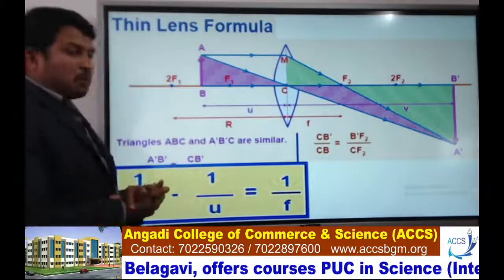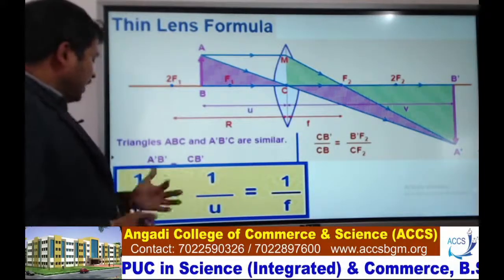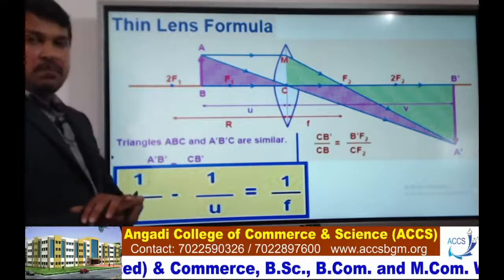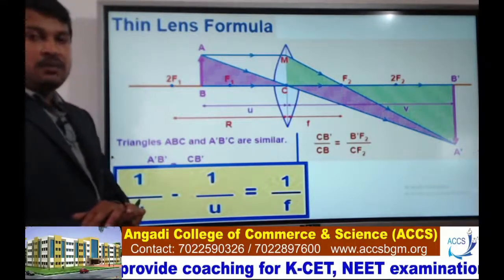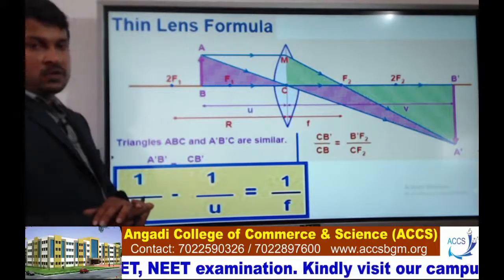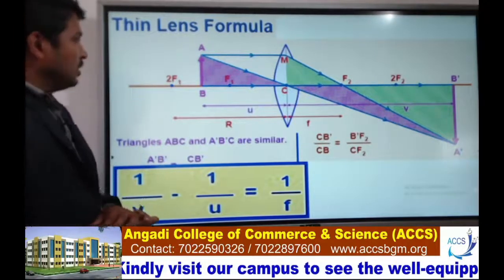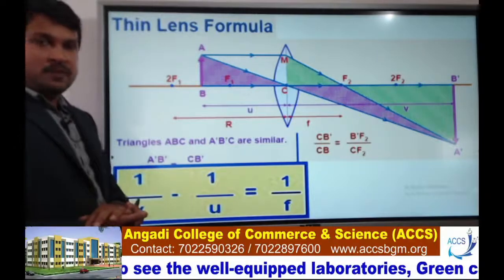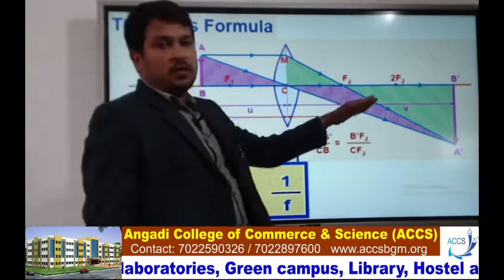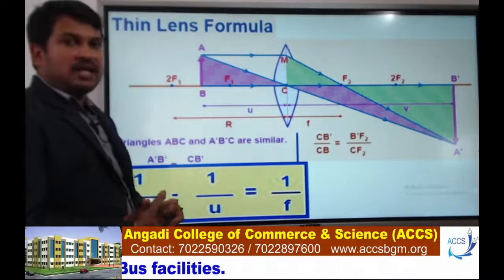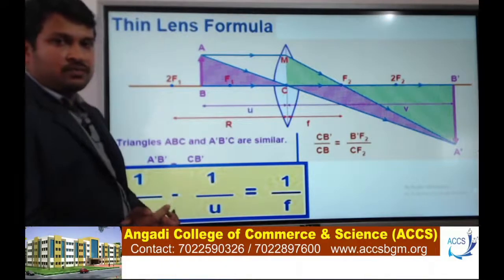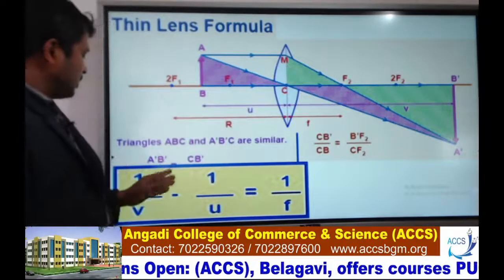What is the formula that time? That is 1 by v minus 1 by u equals 1 by f. Now the object is placed above the principal axis, and what type of image forms here? Sorry, a real and inverted image forms. Remember this formula also.